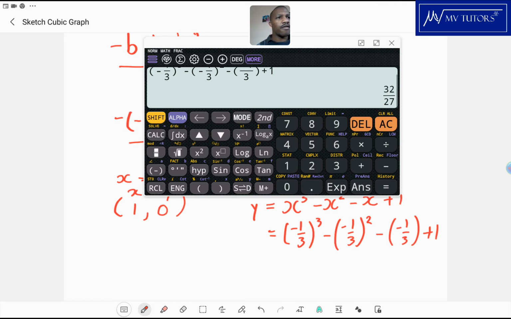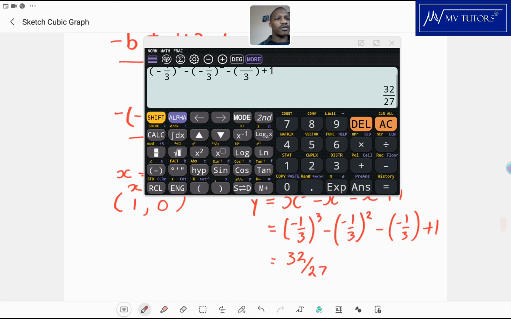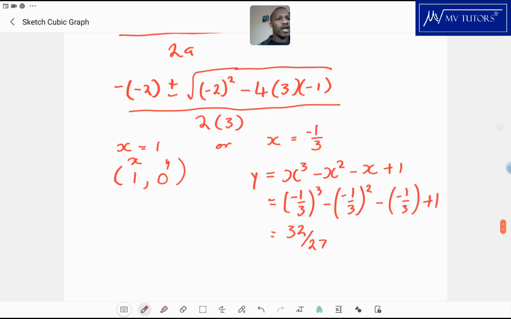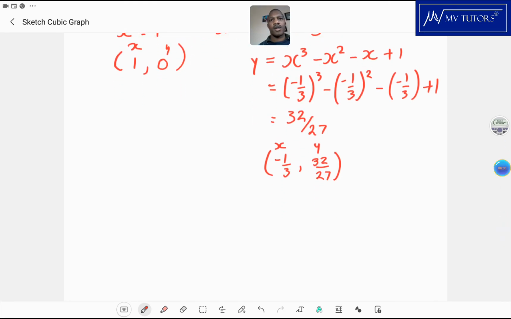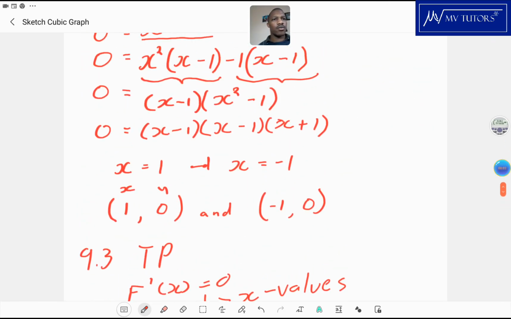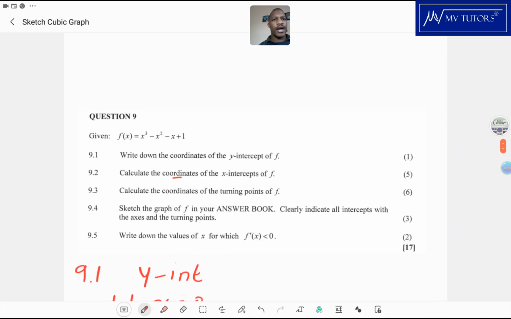Okay, so then our final answer is 32/27. So that means that our coordinate then, in terms of x and y, is -1/3 and then 32/27.